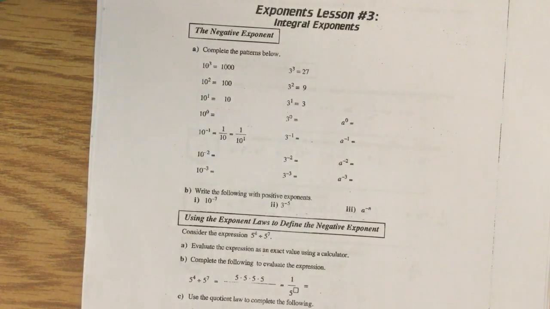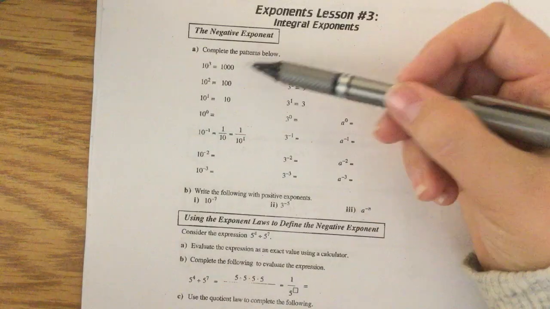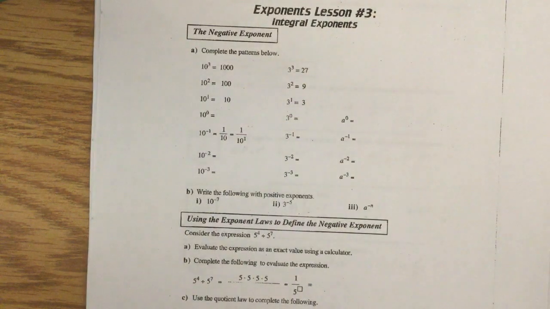So similar to our pattern for the power of 0, we're going to try to develop a pattern for the negative exponent. I'm going to start with the powers of 10, and probably leave it only with the power of 10, just to show you what we can expect to happen when we see a negative exponent.